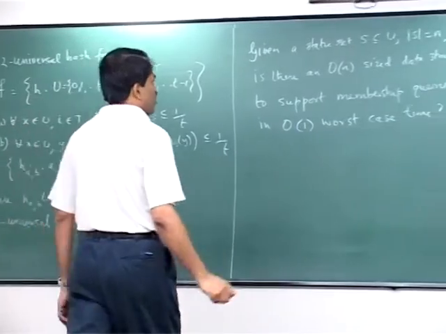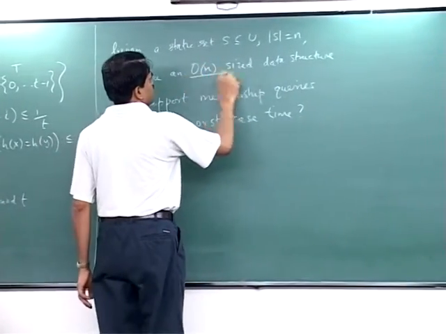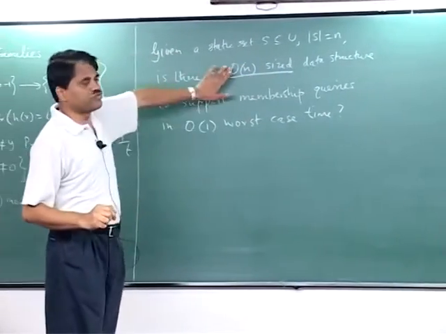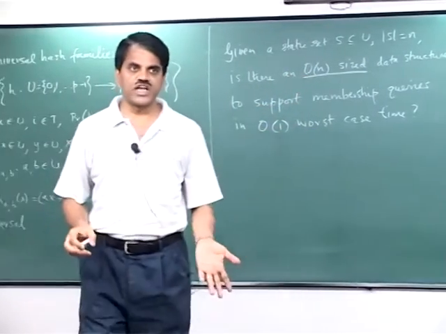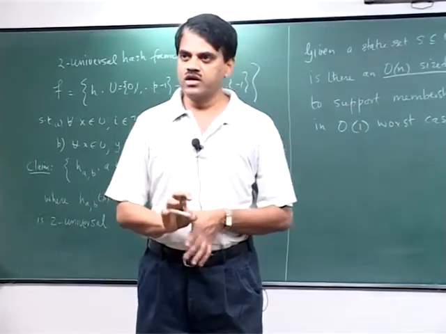I'm allowing only a linear size data structure because if space is not an issue, we have a constant worst case time structure, right? What is that structure?